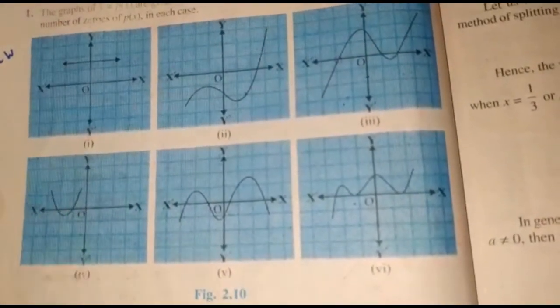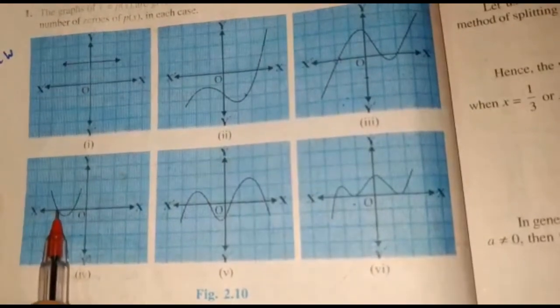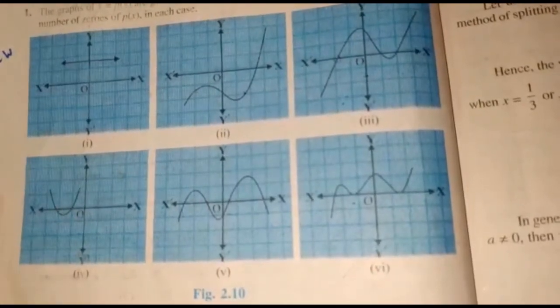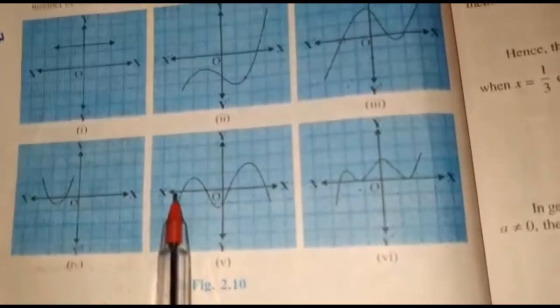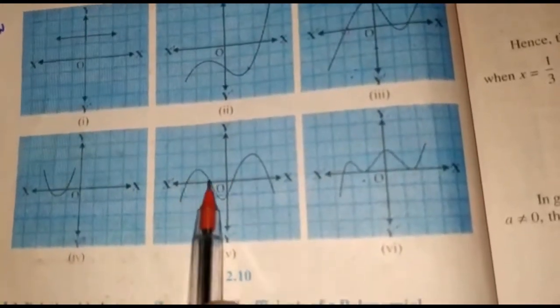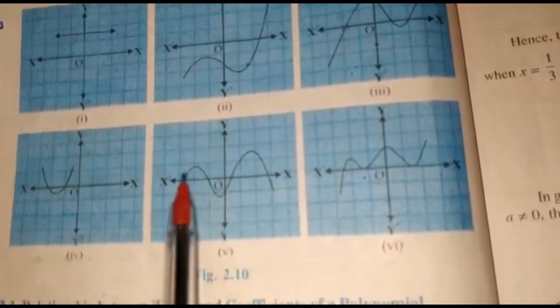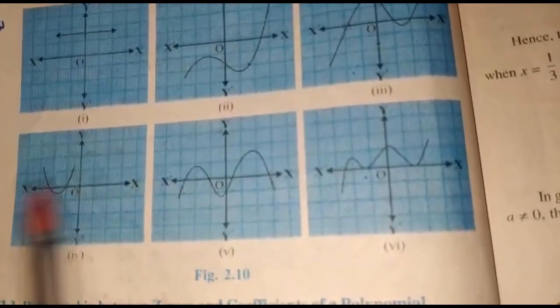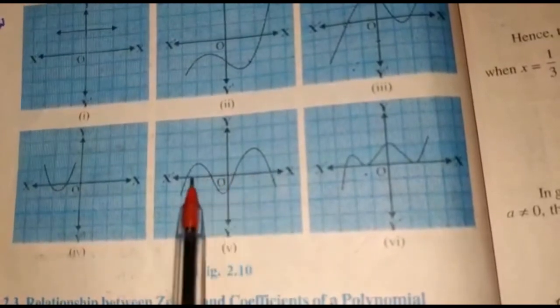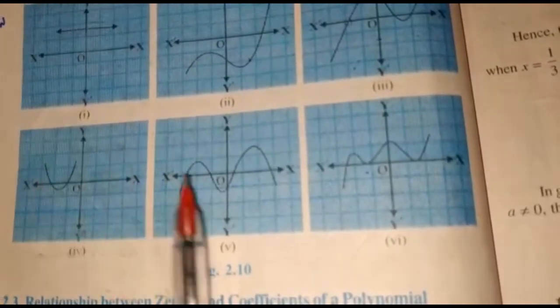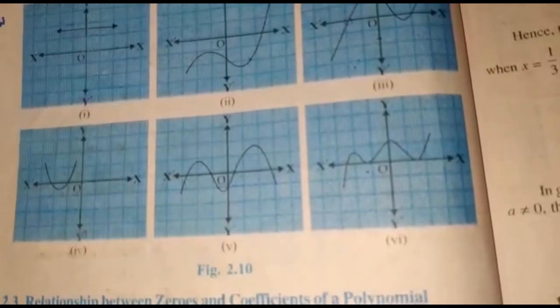There are two places where this graph touches or cuts the x-axis. In this particular case, 1, 2, 3 and 4, there are four points where this graph touches or cuts the x-axis. So the number of zeros in this polynomial is 4.